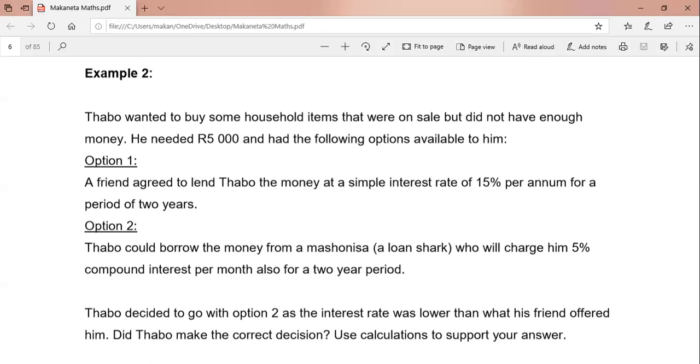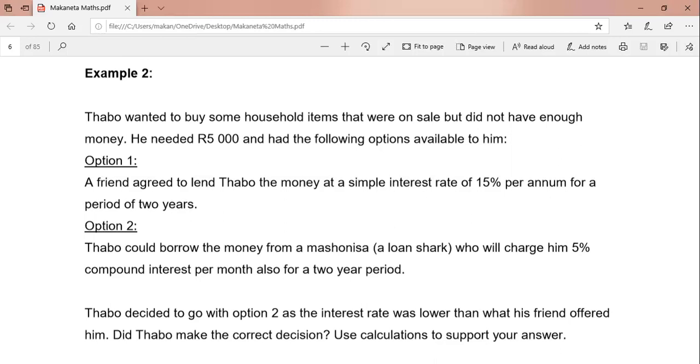So, for instance, we are told that Thabo decided to go with option 2 as the interest rate was lower than what his friend offered. So the question that must be answered now is whether Thabo made the right decision or not. If not, support your answer with calculations. So it should be very clear for us mathematicians at the go.